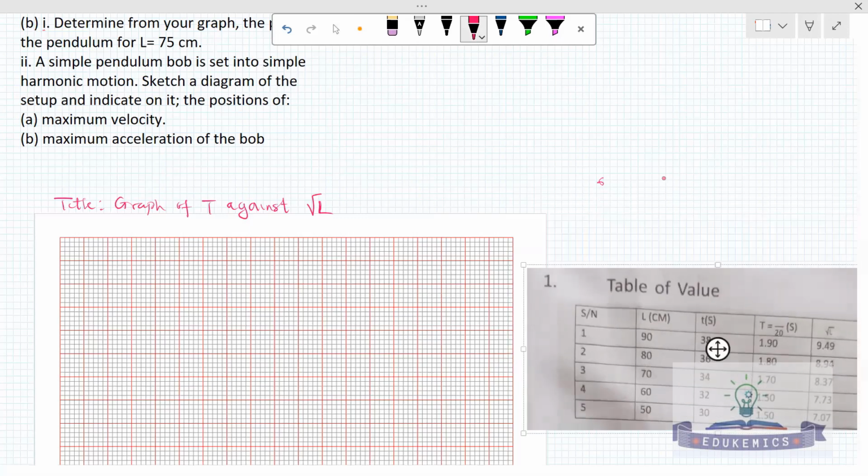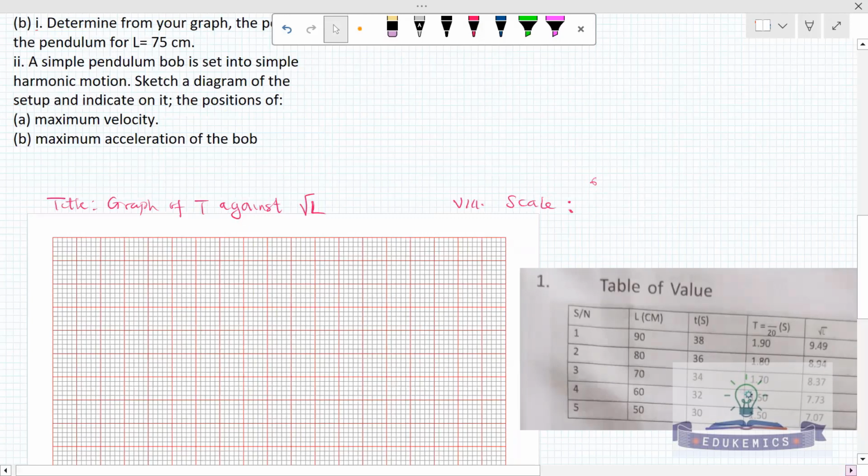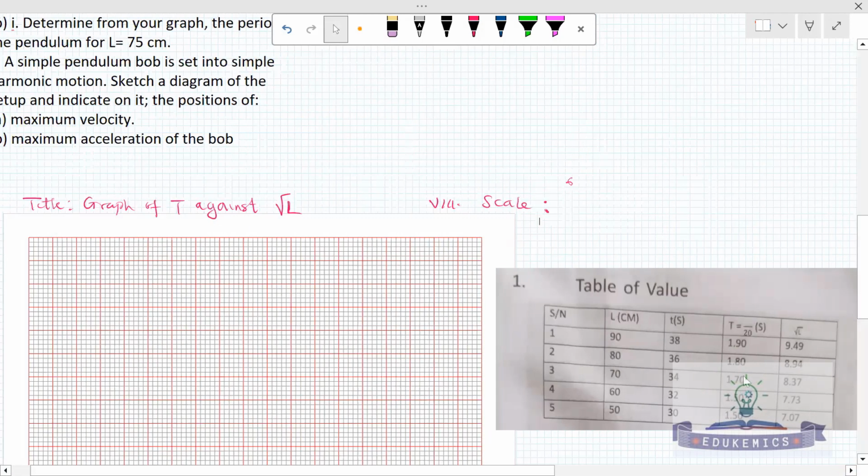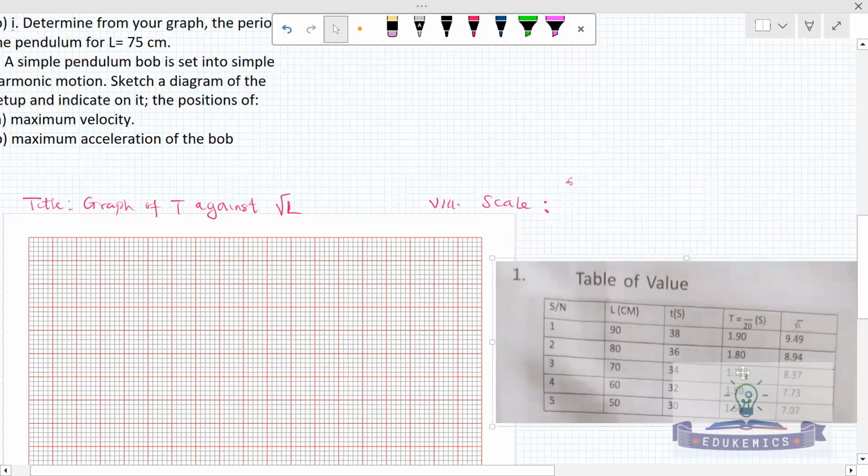We are choosing the scale for the y-axis and the scale for the x-axis. This is very important, and I want you to be very attentive here. I have some rules for choosing the right scale.